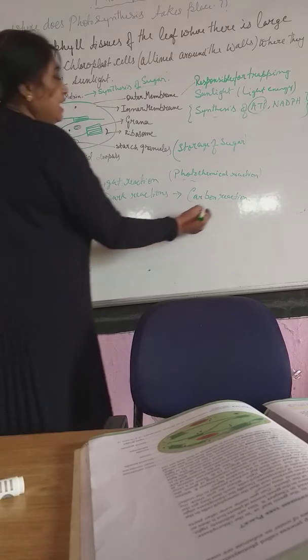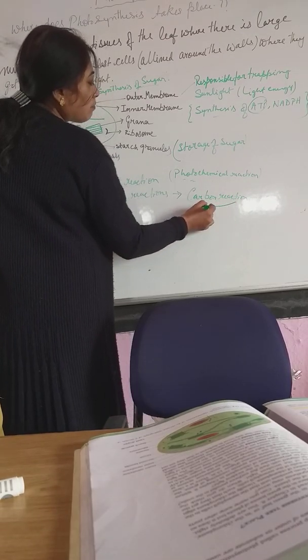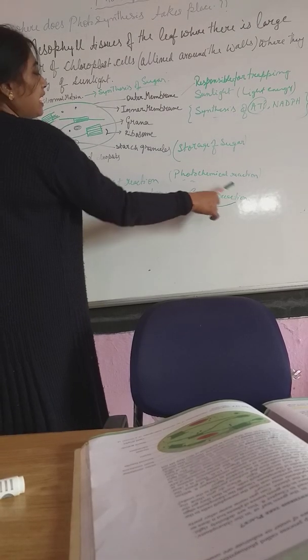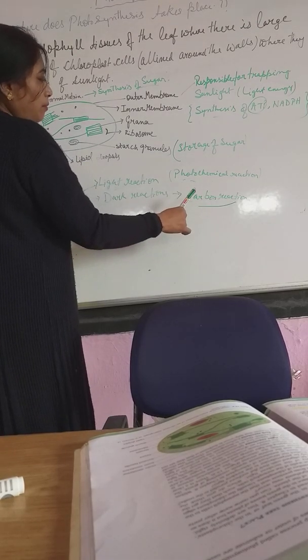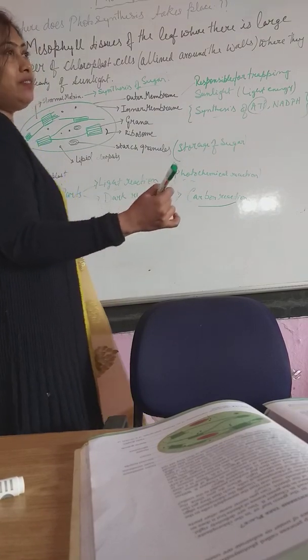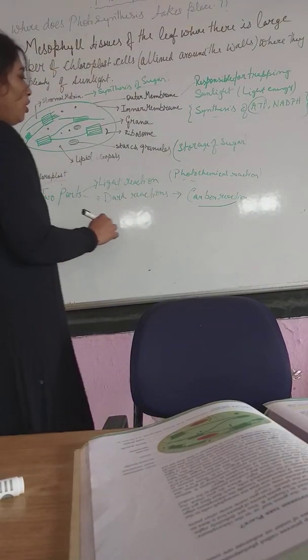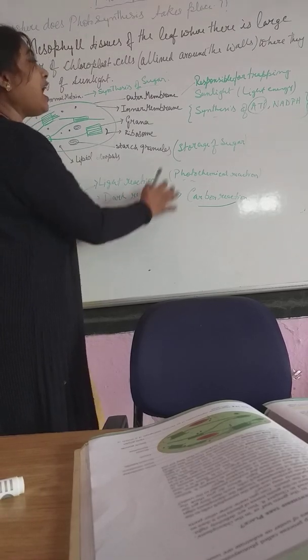The dark reaction is a carbon reaction. If we think of photosynthesis as the loading of a car, the dark reaction is unloading it.